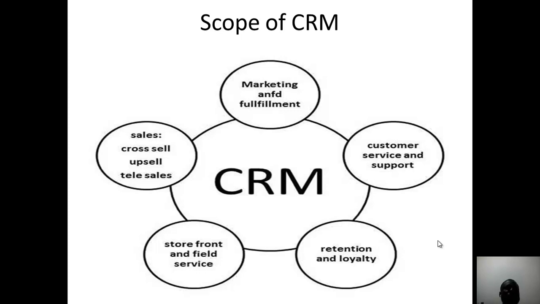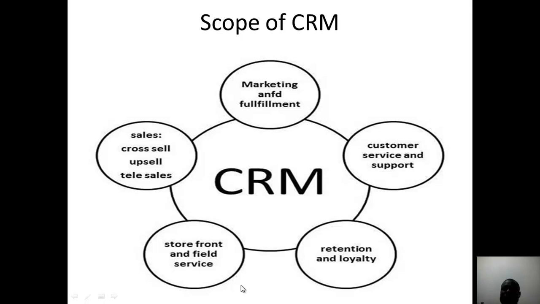Cross sell is when you sell across the entire organization. So we have the storefront and field service. In fact, you can go to the internet and find the meaning of cross sell, upsell, and telesell. It's an assignment for you. So go online and find the meaning of them.